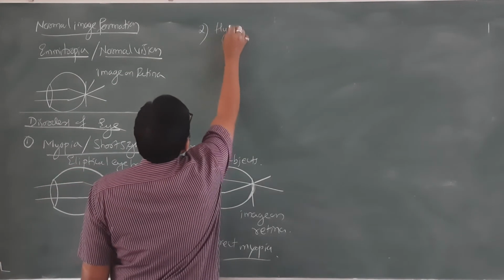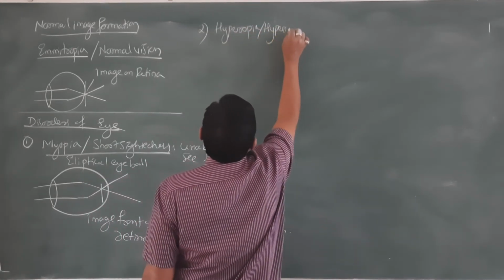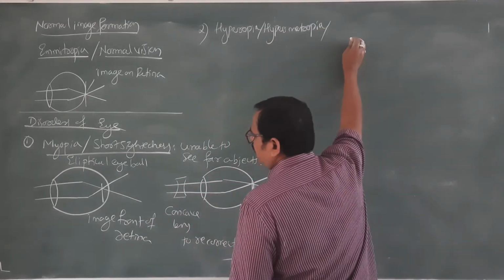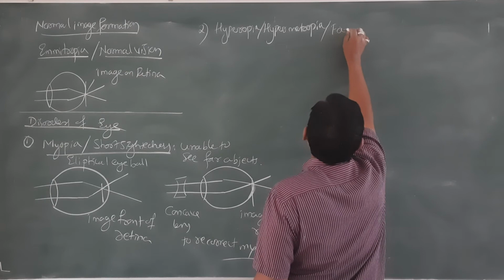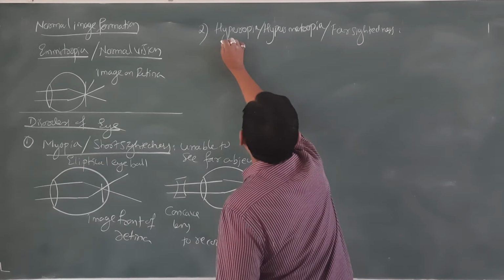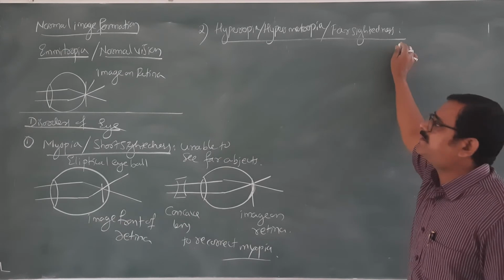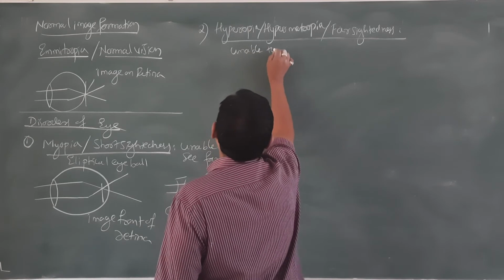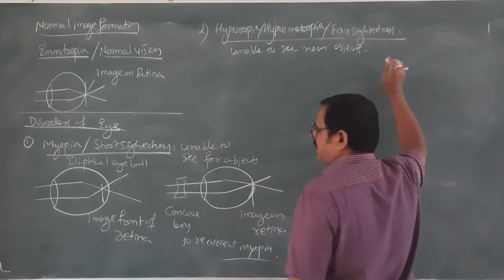So here, hyperopia or hypermetropia is also known as farsightedness. Earlier it was short-sightedness, this is farsightedness. The person is able to see objects at a long distance but unable to see objects at a near distance, unable to see near objects. Why?